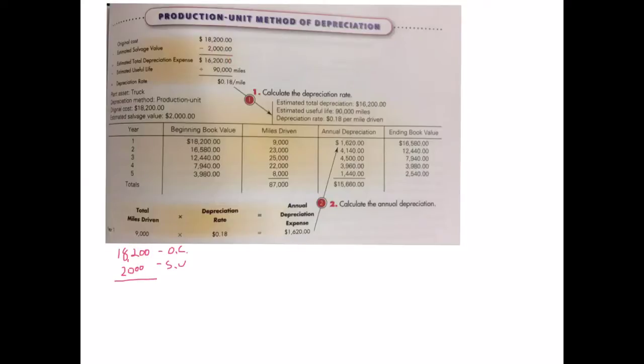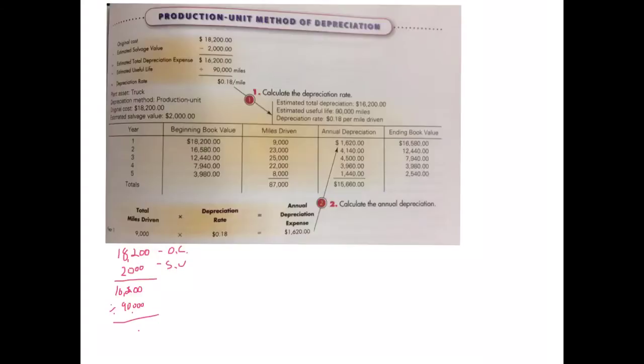So for example, the original cost of this truck was $18,200. We're saying it has a salvage value of $2,000. So the amount that we can depreciate is $16,200. If we say that it's good for 90,000 miles, we'll divide that by 90,000. Whereas before, we might divide this by 3 years, 5 years, etc. This time we're going to divide it by the actual use we're going to get out of it.